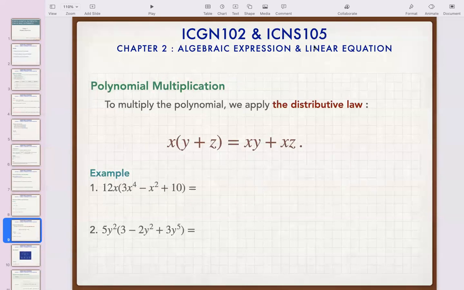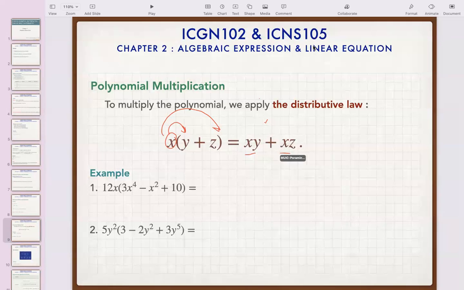On the next slide you can see that for polynomial multiplication, in order to multiply polynomials we use the distributive law, as we did before. That means when we have x times y plus z, you distribute x to multiply each term in the parentheses, so you get xy plus xz.